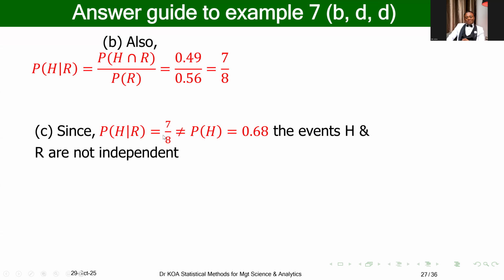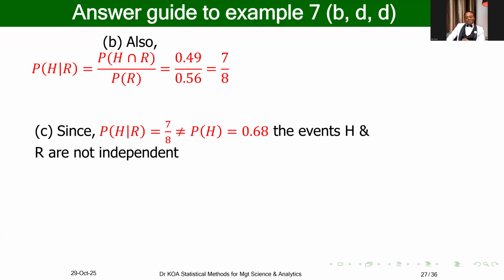And this value is not the same as the probability of H. Remember the probability of H? That was given to us as 68%. The probability of H given R is not the same as the probability of H. And because that is the case, the events H and R are not independent. In other words, they are dependent.